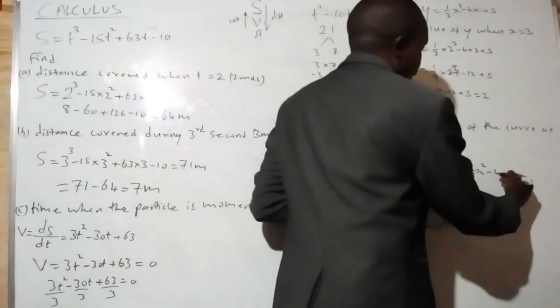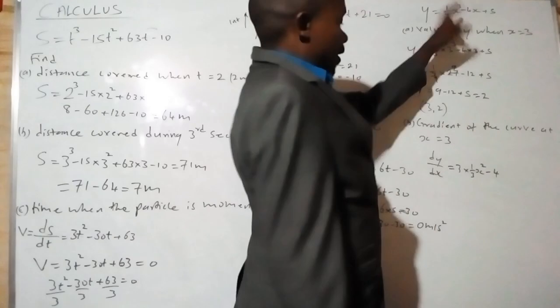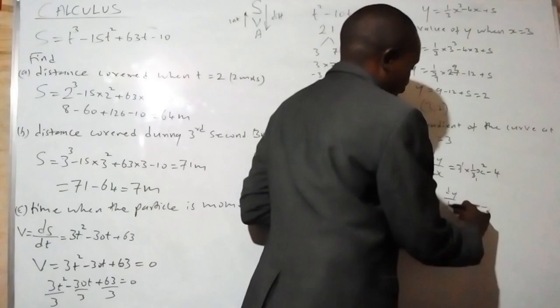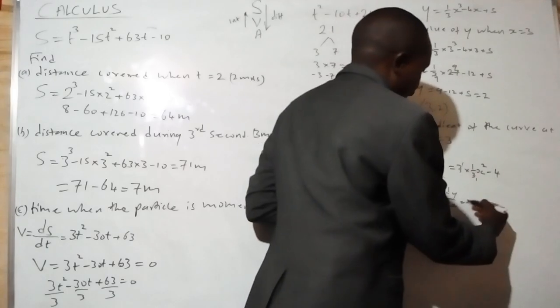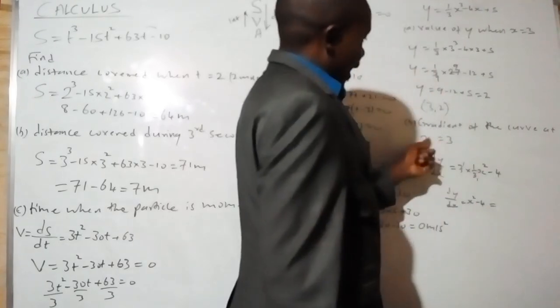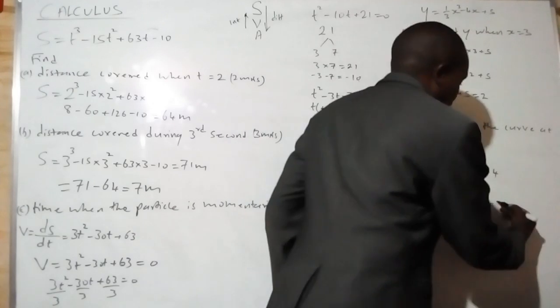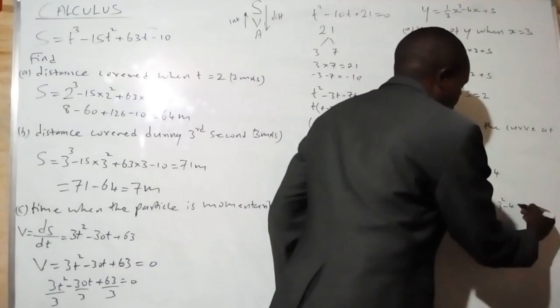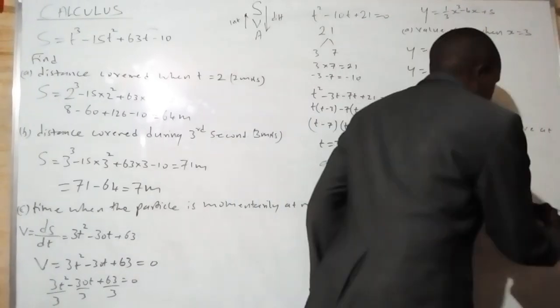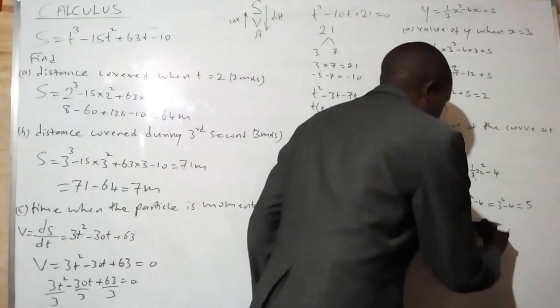So dy over dx will be x squared minus 4. With x equal to 3, 3 squared minus 4 is 9 minus 4, which is 5. The gradient will be 5.